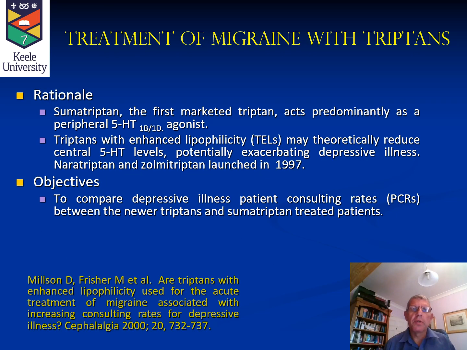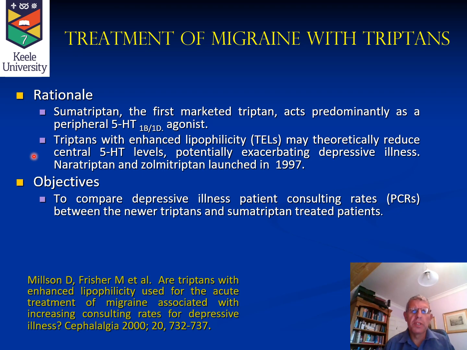The first study that we're going to look at concerns the treatment of migraine with triptans. Triptans are a family of tryptamine-based drugs used in the treatment of migraines and cluster headaches. They were introduced in the 1990s. The first type of triptan that was introduced was sumatriptan, which acts predominantly as a peripheral agonist, and later other triptans were launched which act centrally.